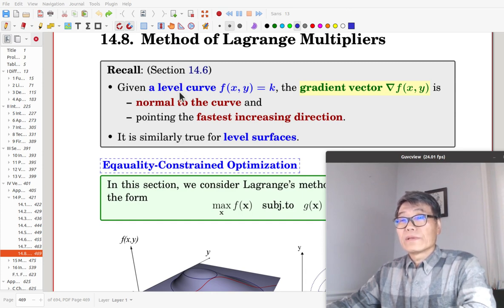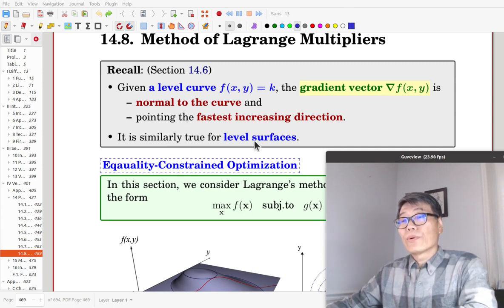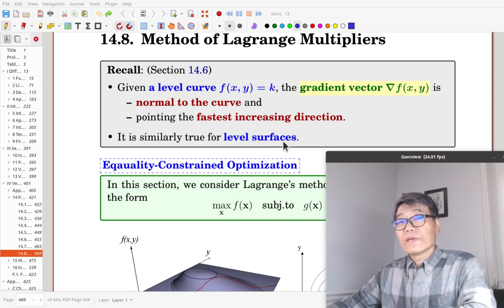Given a level curve, f of x, y equals k, the gradient vector is normal to the curve and pointing in the fastest increasing direction. This claim is also true for level surfaces. The gradient vector is normal to the surface and pointing in the fastest increasing direction.